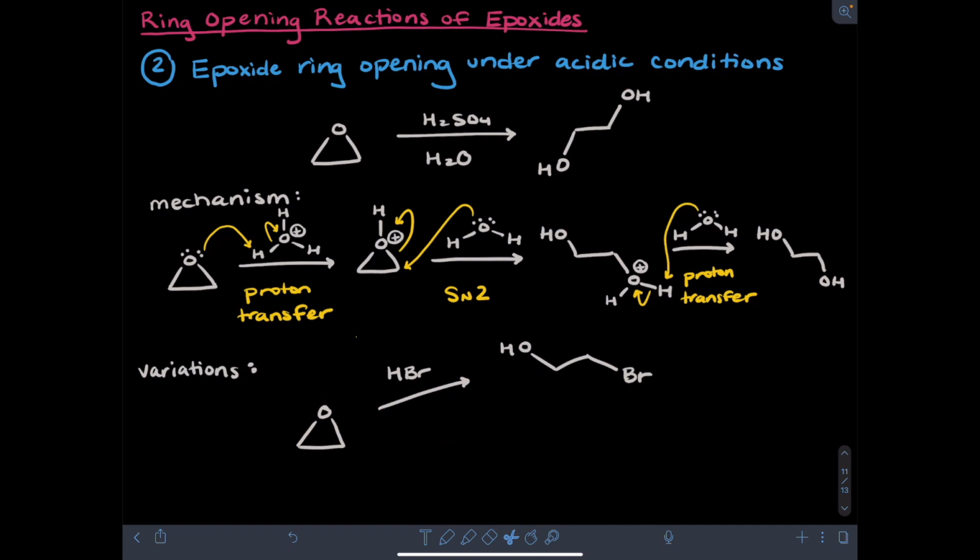So for example, treatment of an epoxide with HBr, the H could serve as the acid and the Br could serve as the nucleophile in the ring opening reaction. Or alternatively, you could use an acid catalyst in the presence of an alcohol solvent, and in that case, the alcohol would serve as the nucleophile instead of water, ultimately generating an ether group in the product.